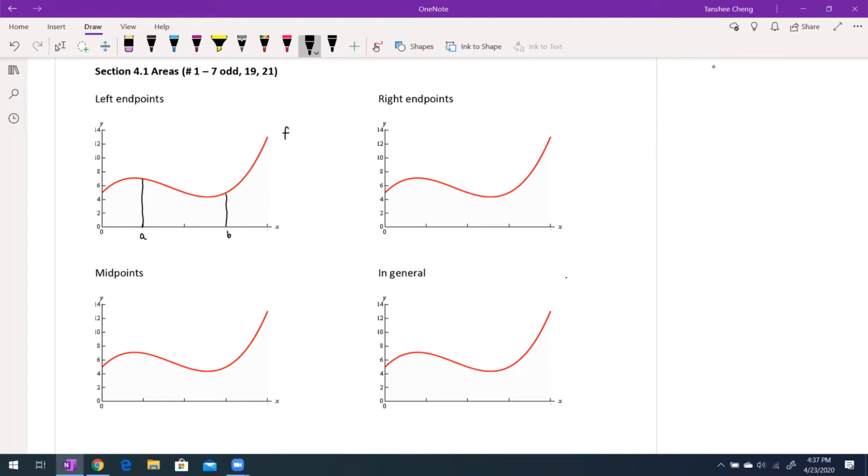But for a better approximation-formulating part, this is what we're going to be doing. We're going to break it down into rectangles and use the areas of those rectangles to approximate the area under the curve.